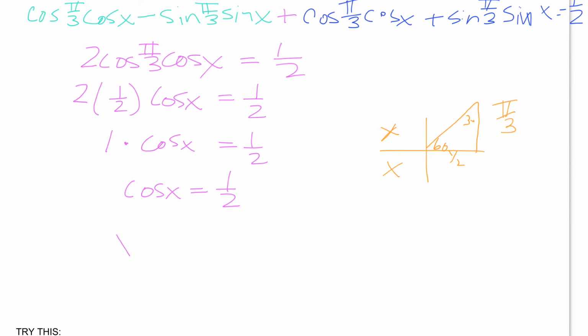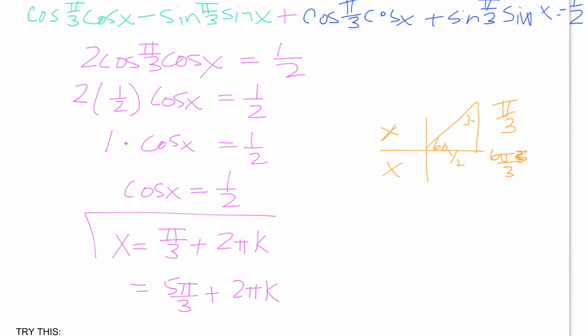So I know that x is going to be equal to pi over 3 plus 2 pi times k. And I'm also going to be in the fourth quadrant. So if I think about pi over 3's, all the way around would be 6 pi over 3. So 1 less than that would be 5 pi over 3. So I also know that I have 5 pi over 3 plus 2 pi times k, again where k is any integer. And here's my answer.